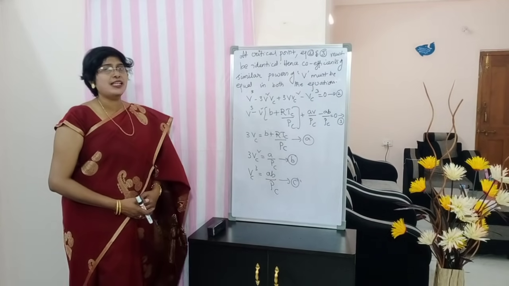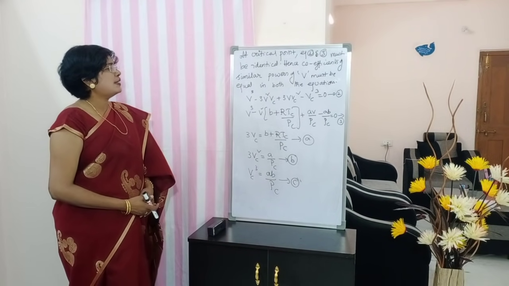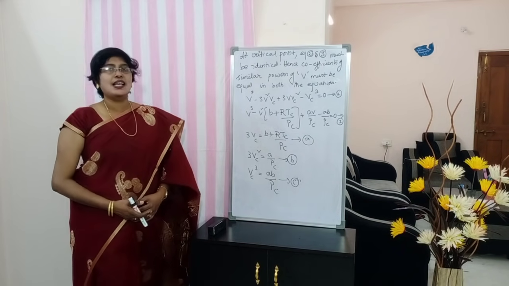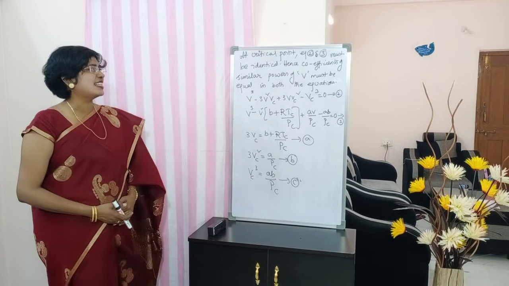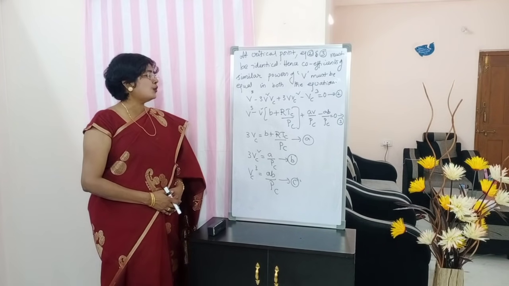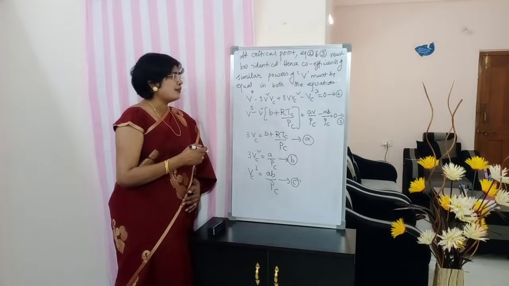So what happens? The coefficients of similar powers of V must be equal in both the equations. You did not understand this sentence, right? So that's why I have written once more equations 2 and 3. You don't write in your notebook. Look here students, equation 2.